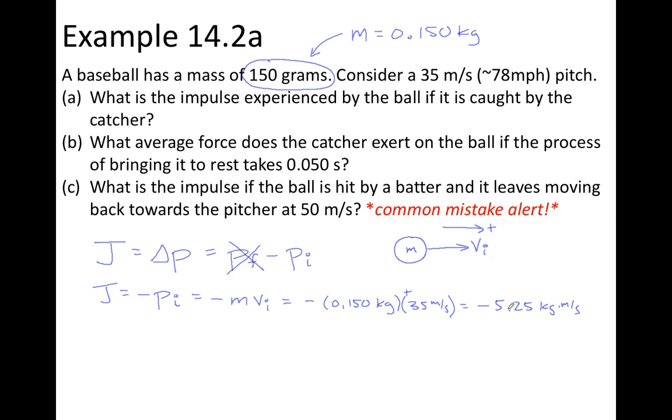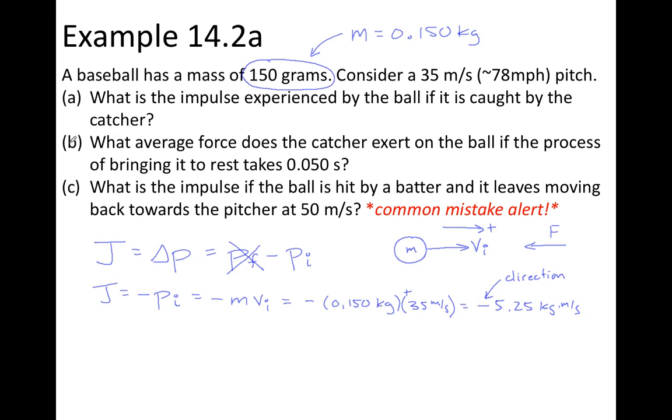And this should make sense. The impulse is in the same direction as the force. The catcher is going to have to apply a force to the baseball in the negative direction. So that's what this negative sign is indicating. It is indicating direction.